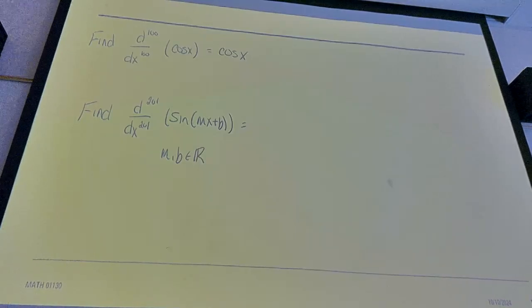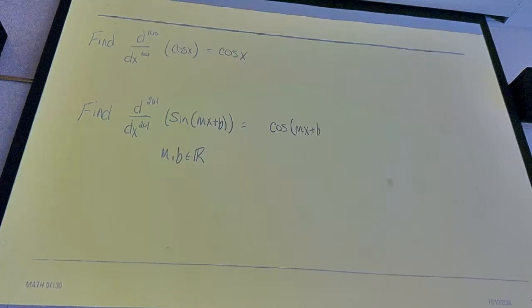Assume m and b are real numbers. It would just be x times cosine of x plus b. Not x. Not just m. M plus b times the cosine of mx plus b.